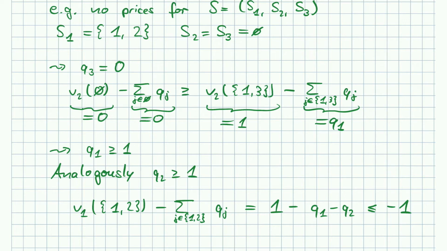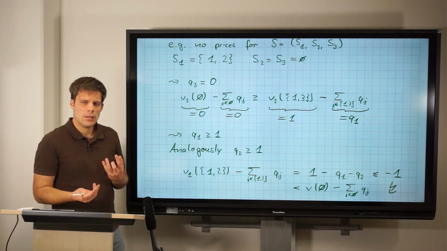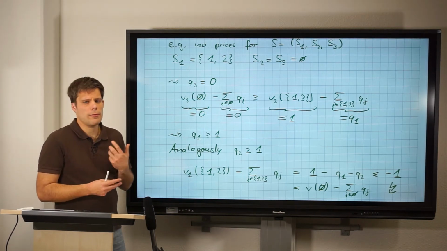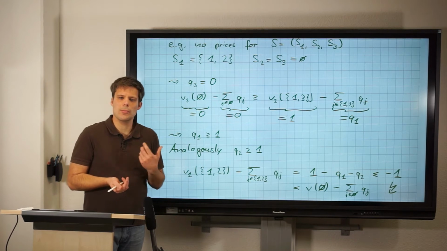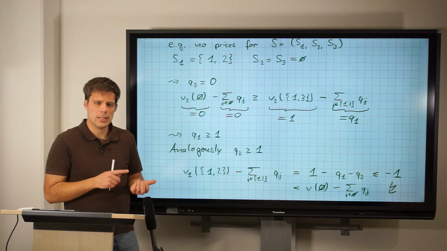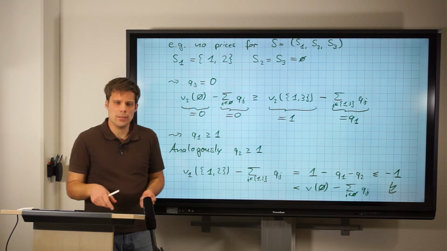And this is smaller than if we gave them the empty set. And this is a contradiction. So you see, this certainly will not be a Walrasian equilibrium, and now everything else that you might want to try here, you will reach the exact same problem. There won't be any prices for whatever allocation you try. So there is just no Walrasian equilibrium.